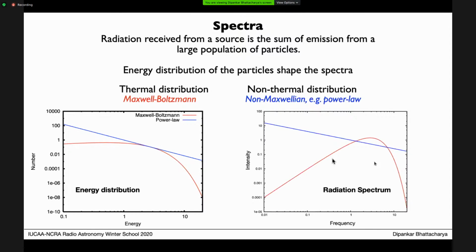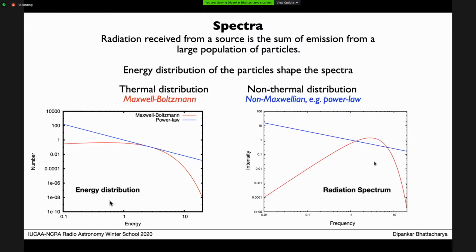So for example, a thermal spectrum will typically have a shape like this, where there is a well-defined peak, which is characterized by the temperature of the particle energy distribution. So the radiation spectrum will carry the signature of that temperature, just like the Blackbody function that I was talking about before.